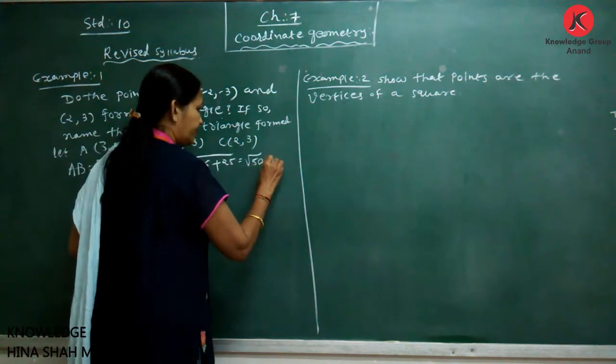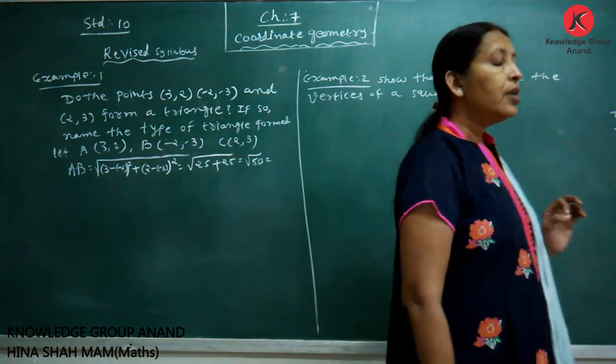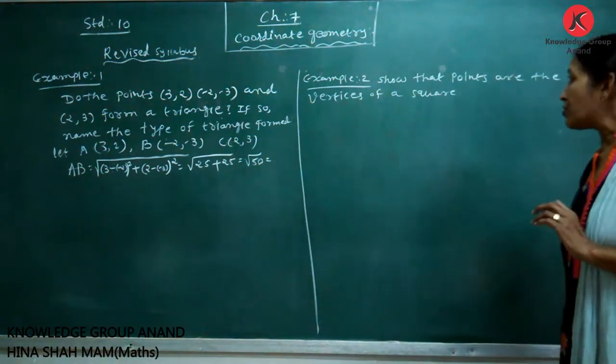What is the approximate value of root 50? Suppose we write here AB is equal to root 50.